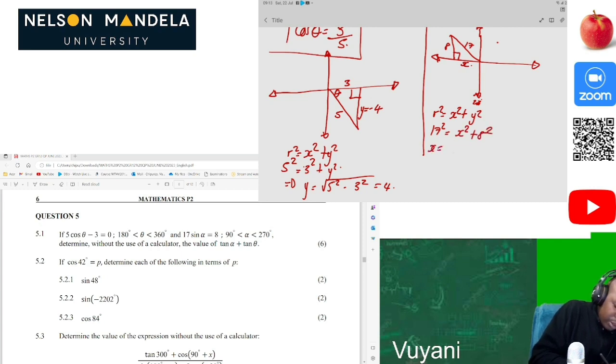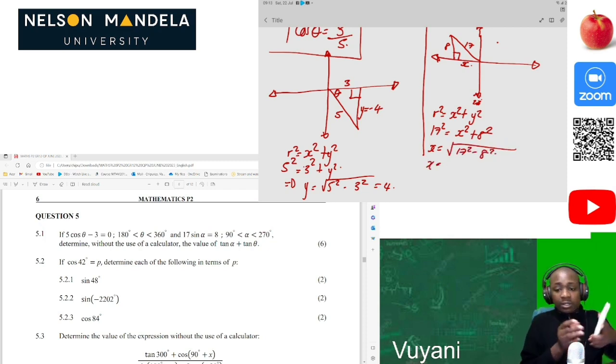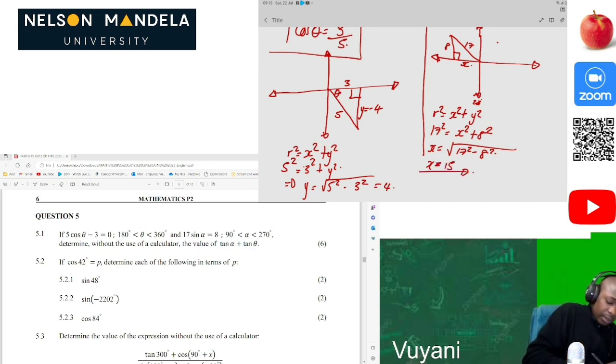Then x will be equal to the square root of 17 squared minus 8 squared. Again we use our Casio calculator: the square root of 17 squared minus 8 squared is 15. So our x is equal to 15, and we can see that the x is on the negative side here.